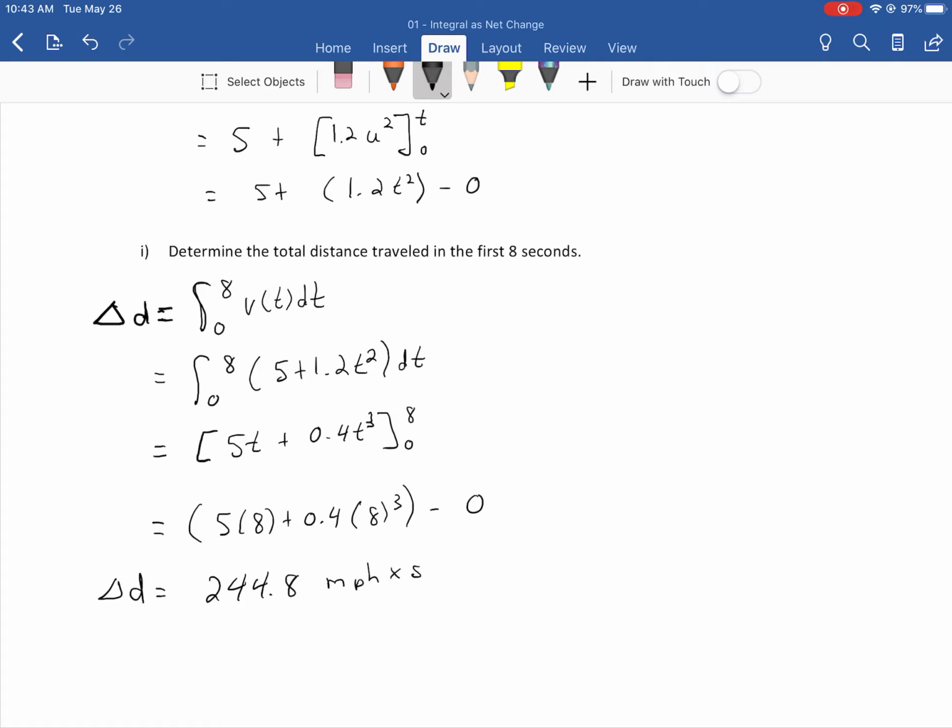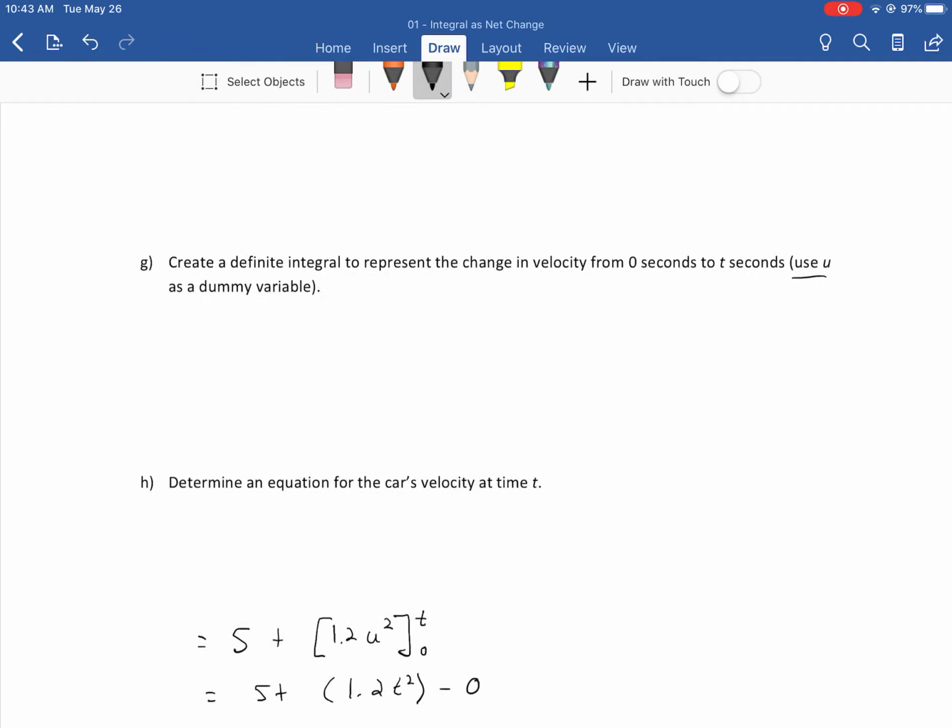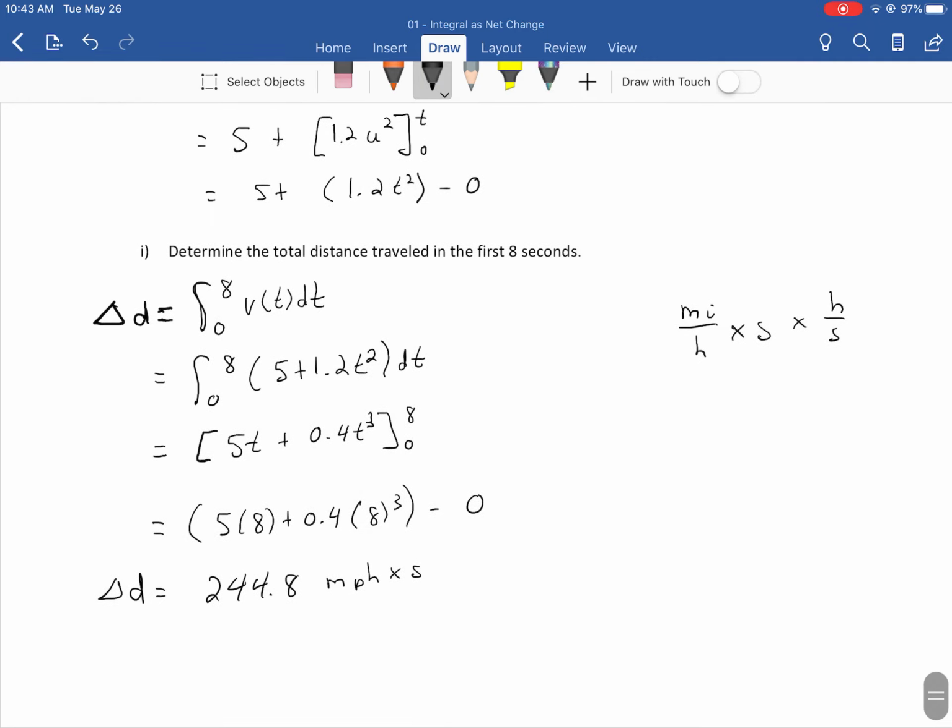And so that is in miles per hour seconds, and we'd never do miles per hour seconds. So to convert this over, right now it's miles per hour times seconds. We now want to multiply by hours per second. If we multiply by hours per second, that will get us back to a unit that makes more sense to us.